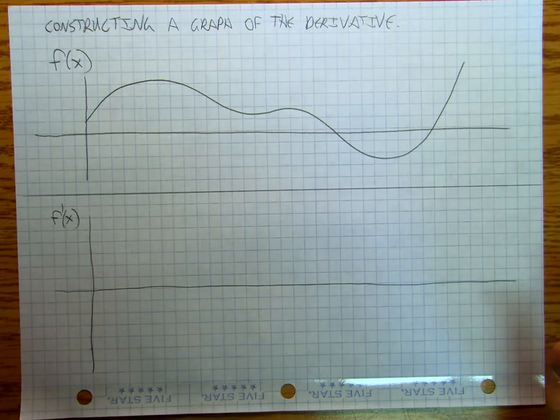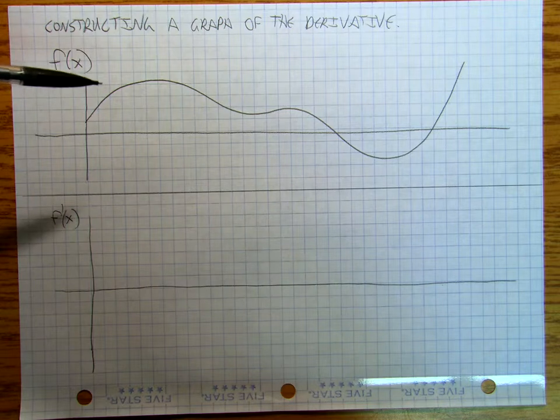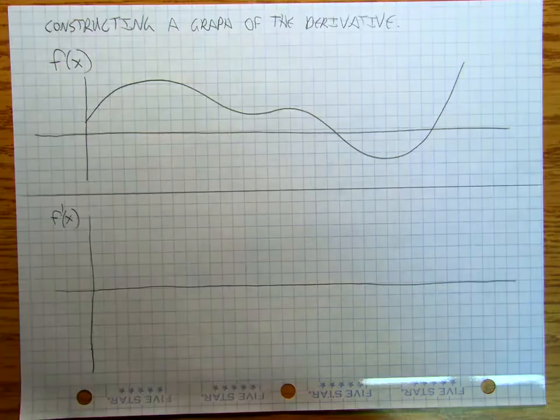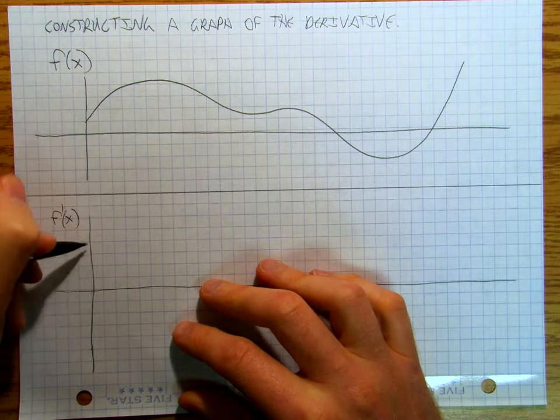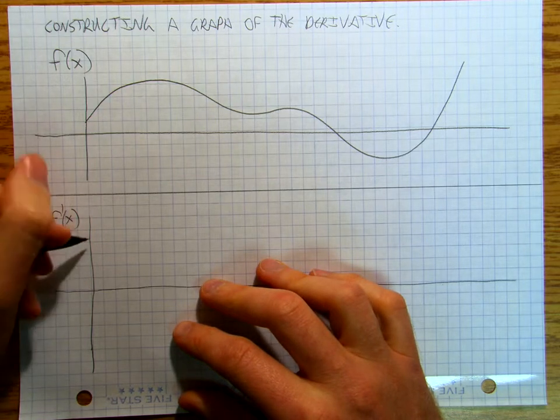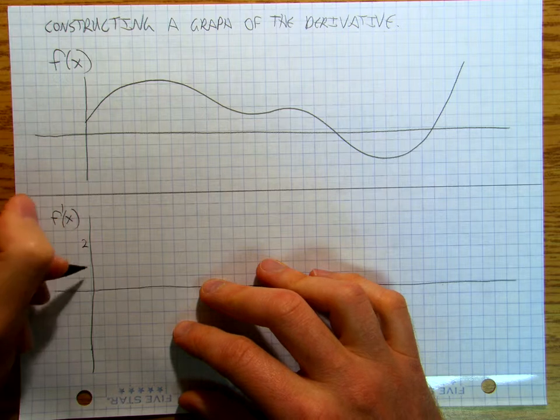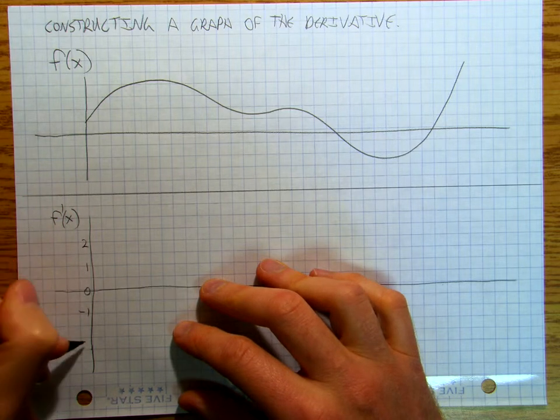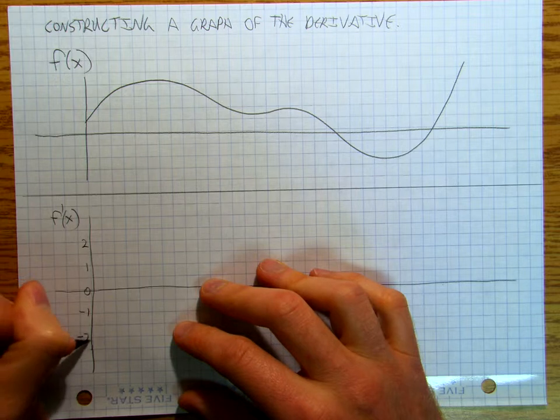So then we have to say, well, probably my maximum slope over here is around 2. So let's say that this is 2. This is 1. This is 0. This is -1. This is -2.